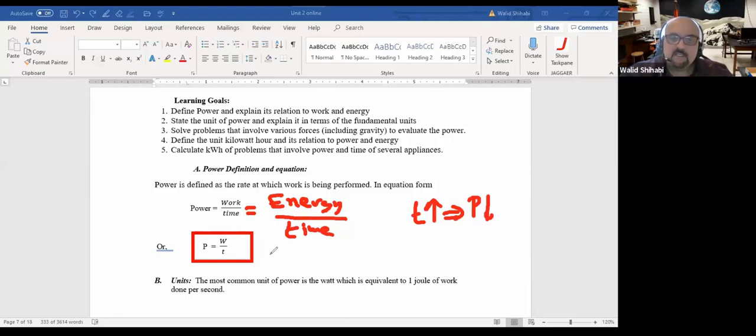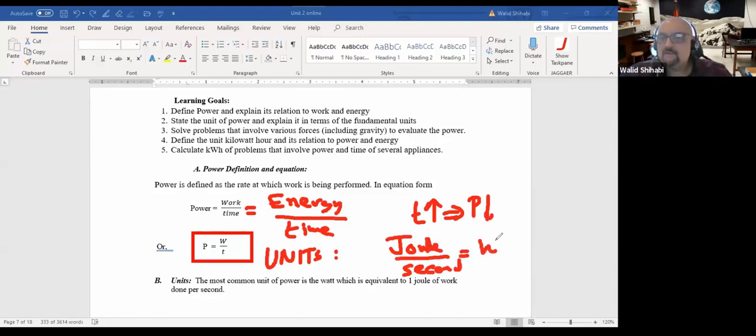And as for the unit of power, we know energy is in joules, and we know time is in seconds. So the unit of power is joule per second, which we call watt. So for example, if you have a 100 watt light bulb, what does that mean?